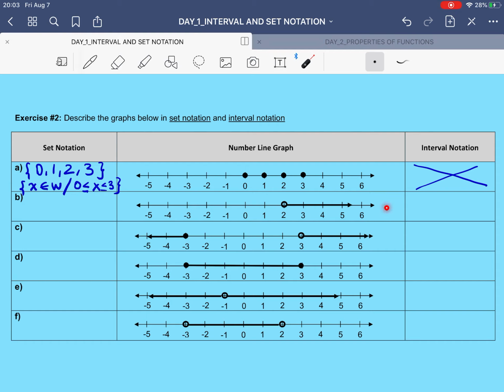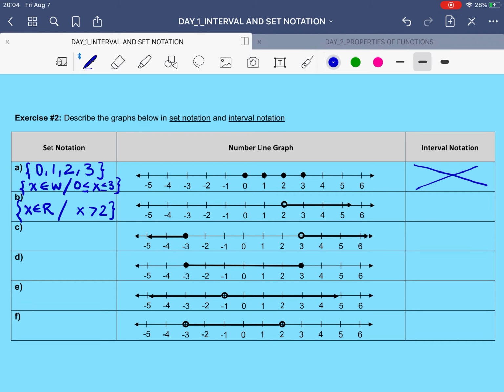We have the numbers starting from 2, increasing to infinity. So in this case, because the line is solid, we're going to say that x is any real number such that 2 is the only specific number we are given there. So we're going to say x is bigger than 2. It's not equal to 2.